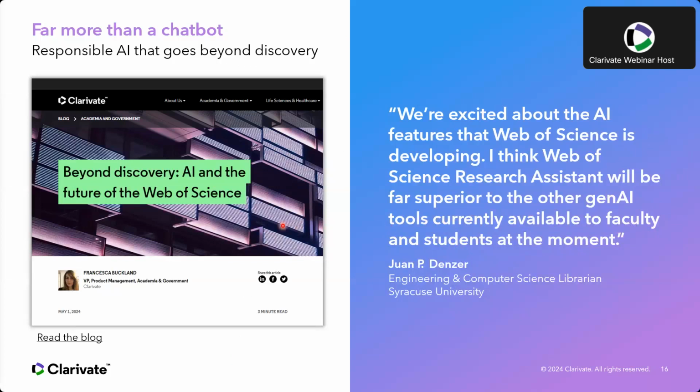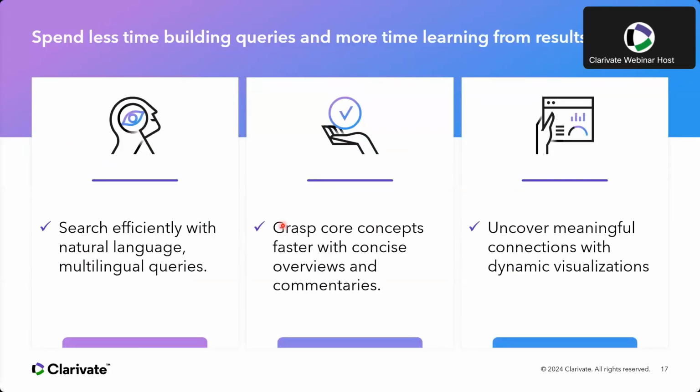The key reason is around the capabilities that are already developed, but also the underlying content and the transparency that I mentioned earlier. So the goal is to spend less time building queries and more time learning from your results. How you do that: you search efficiently with natural language in different languages.